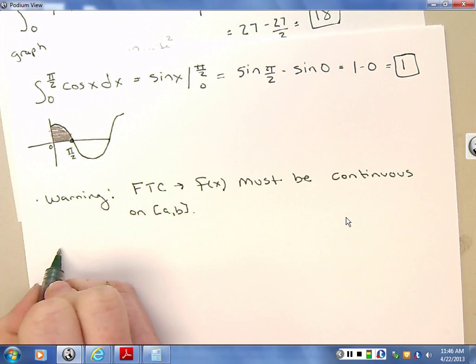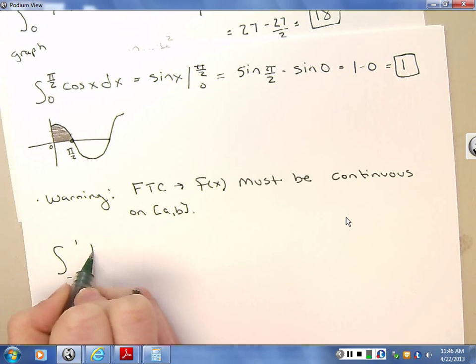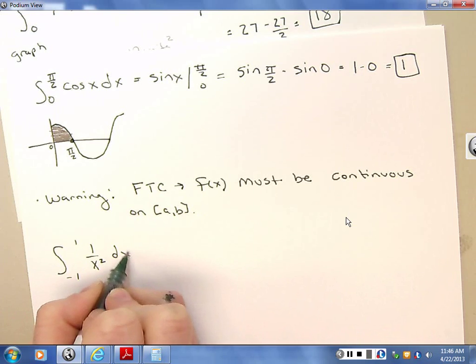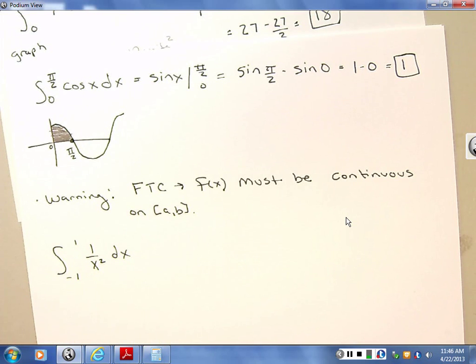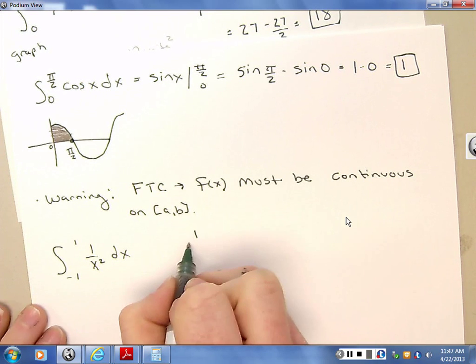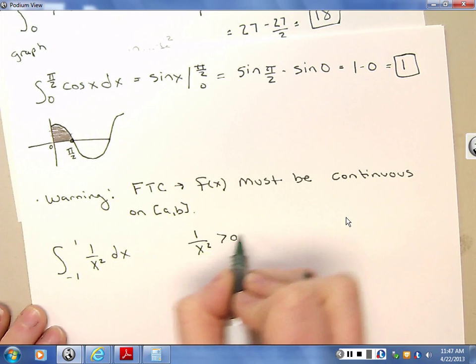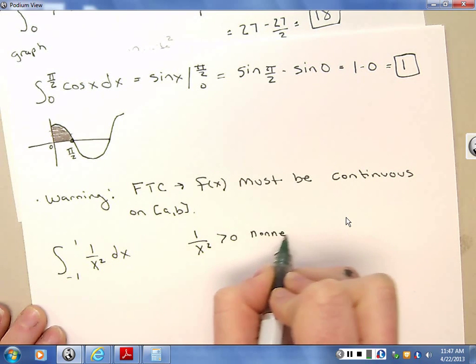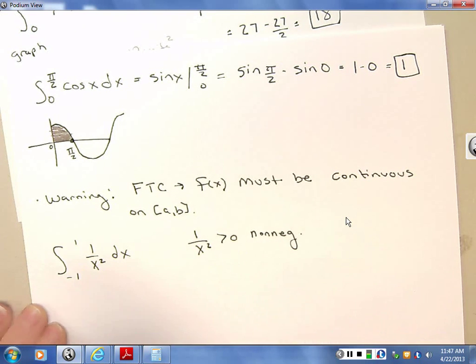But if I wanted to integrate from minus 1 to 1 of 1 over x squared dx, would you agree that this function's always positive? If I take a number and square it, 1 over that is always positive, right? So it's not negative. So the area should be positive, right?